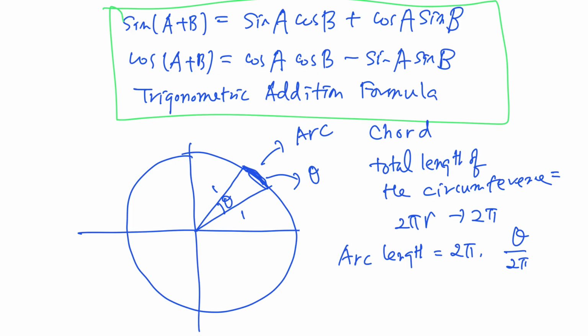Seems like some of you might study. The total angle is 2 pi. If this is theta, then the ratio of the whole is theta over 2 pi. When the radius is 1, the total circumference is 2 pi. So the ratio of this arc to the whole is theta over 2 pi, and multiplying by 2 pi gives theta. So the length of this arc is theta when this angle is theta.